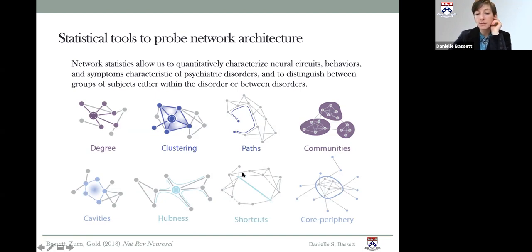So if it's possible to get information from one side of the network to the other through one edge, that can provide swift information transmission, but also transmission that doesn't have as much potential for being altered by surrounding processes. And then core periphery organization being a density of connections inside of a core, and then a sparsity of connections in a periphery, where there's a tendency for peripheral nodes to connect to the core, but not to other peripheral nodes.